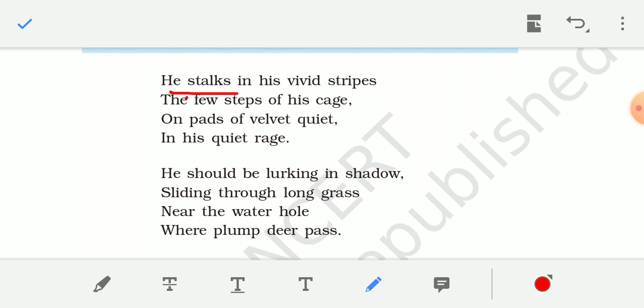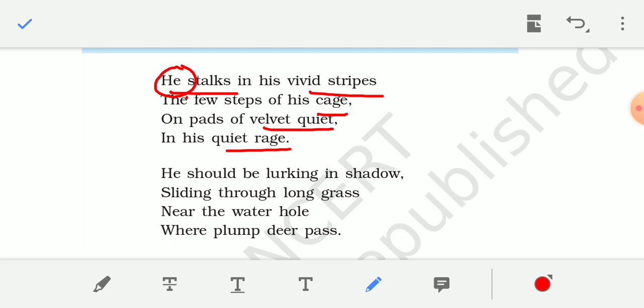He stalks in his vivid stripes the few steps of his cage, on pads of velvet quiet in its quiet rage. So my dear students, here first of all let's see the "he". Who is "he" here? He means here the tiger. And why has the poet used "he"?